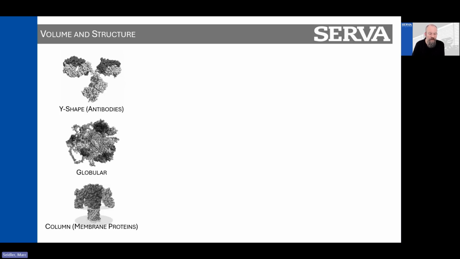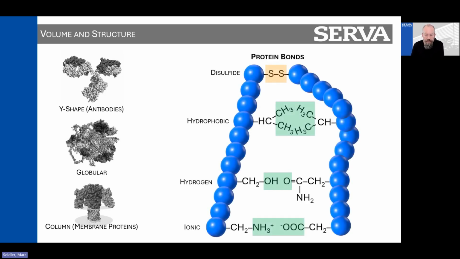You can have column-like appearance, like in membrane proteins. And the biggest part, I would say, is some kind of globular structure you find.